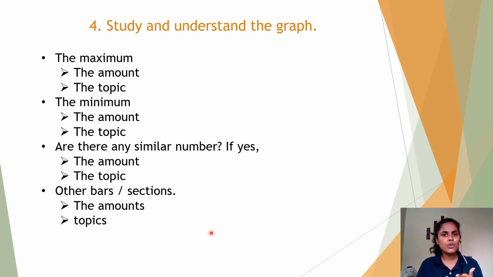In the third step, we found out if there are any labels, checked them, and worked out what those labels represent. And in the fourth and last step, we go through the graph or the pie chart, seeing if there are any special trends, a maximum amount, a minimum amount. We go through those in order to start writing. So that's what we have to do before starting to write.